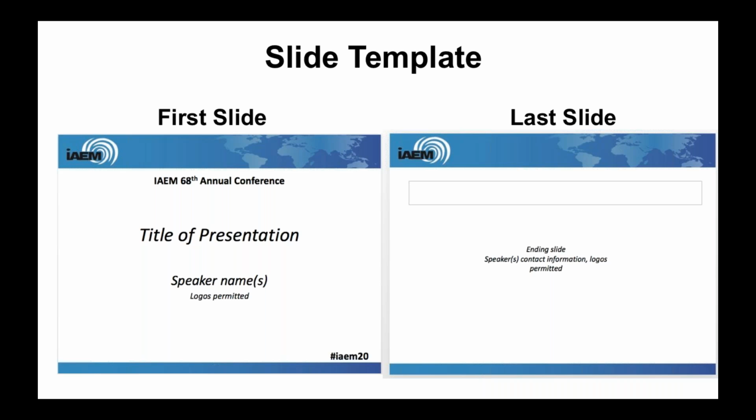And on the last slide, you will have all of your contact information so the audience can reach out to you after the presentation. And just please note that the slide template is required to be used by all selected speakers. And as we go through the process of refining your presentation, we'll make sure that you have everything in its order so that it will be ready for presentation during the conference.